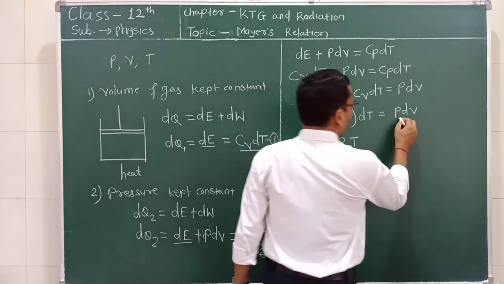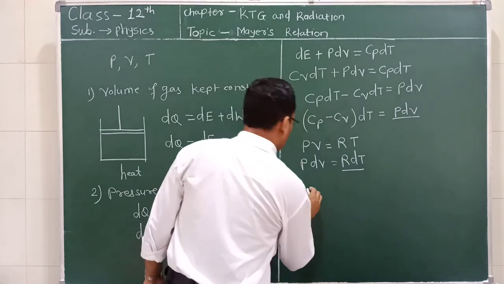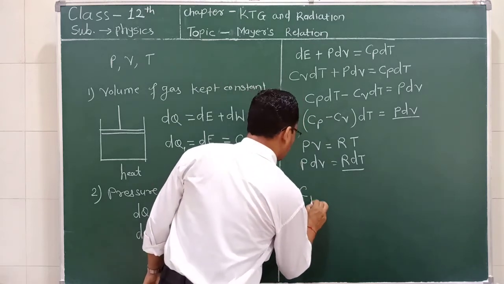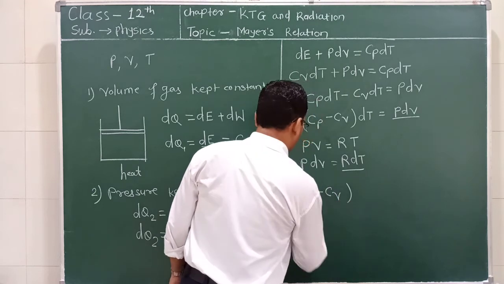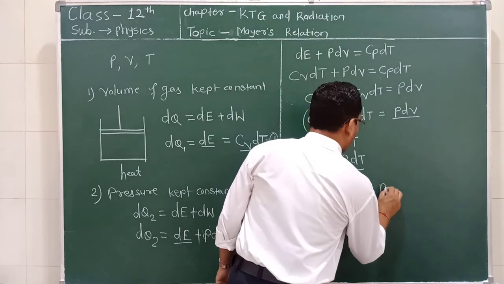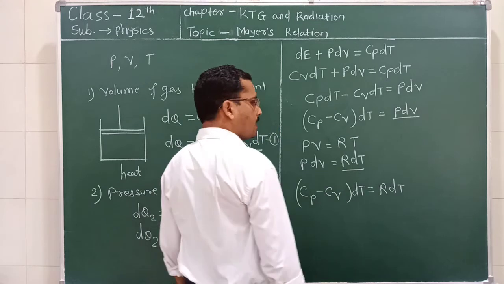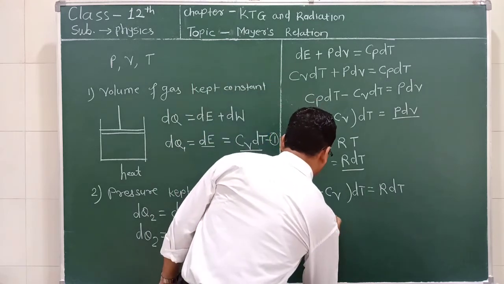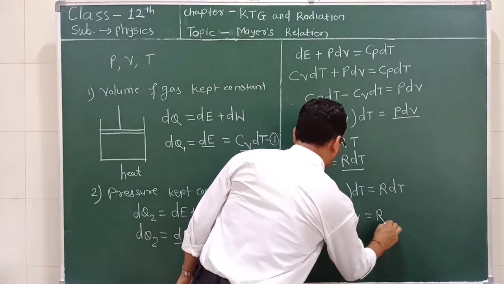So here we put the value of pdV as R into dt. So Cp minus Cv multiplied by dt is equal to R multiplied by dt. Here the dt and dt get cancelled, so we can write Cp minus Cv is equal to R.